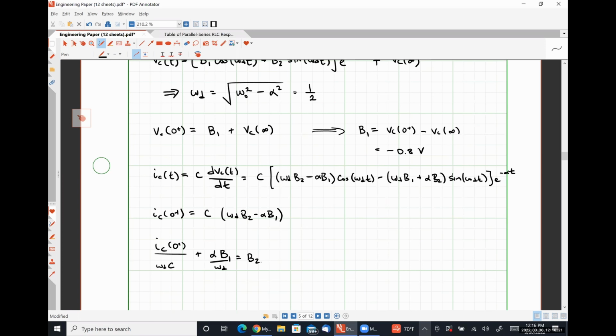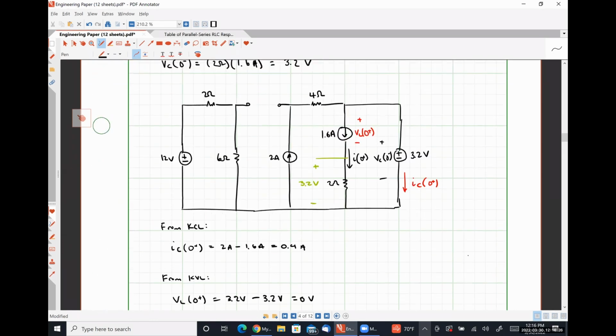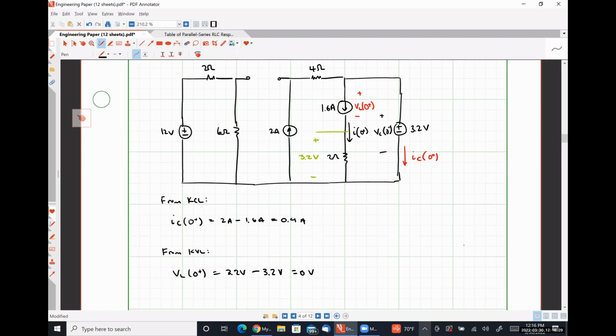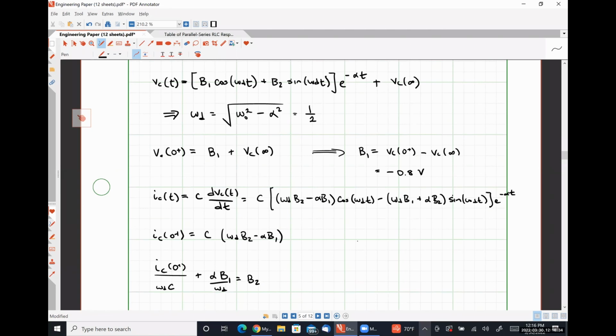Plugging in our numbers, where IC at 0 plus we found to be 0.4 amps, divided by omega d, which was 1/2, times C, which was 1, plus alpha, which was 1/2, times B1, which was negative 0.8, divided by omega d, which was 1/2.